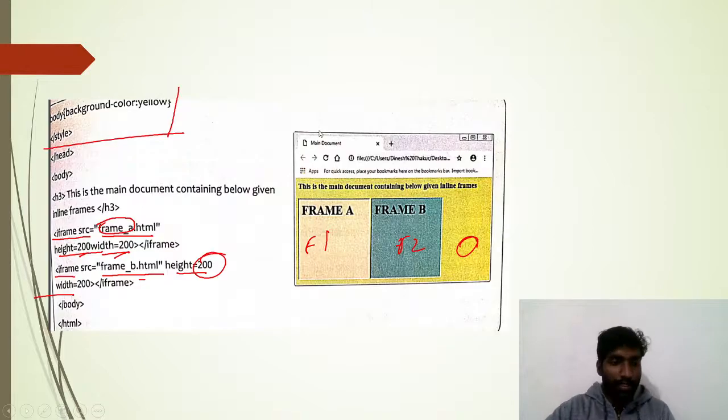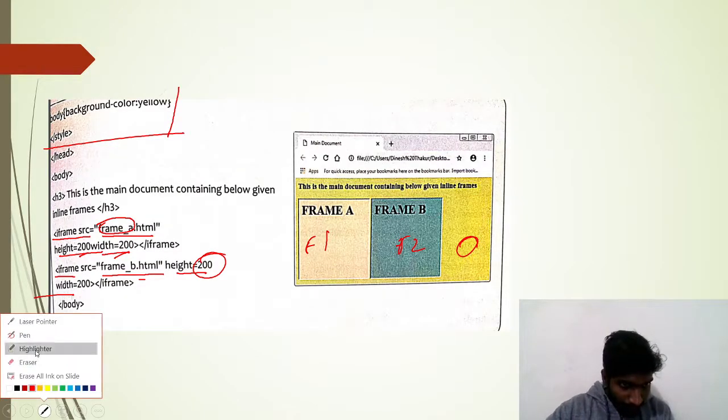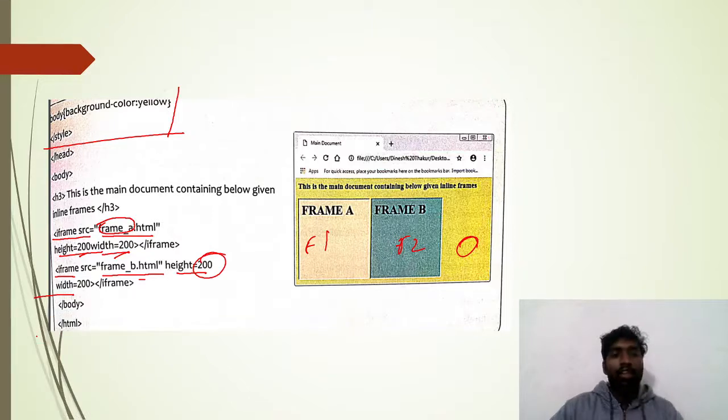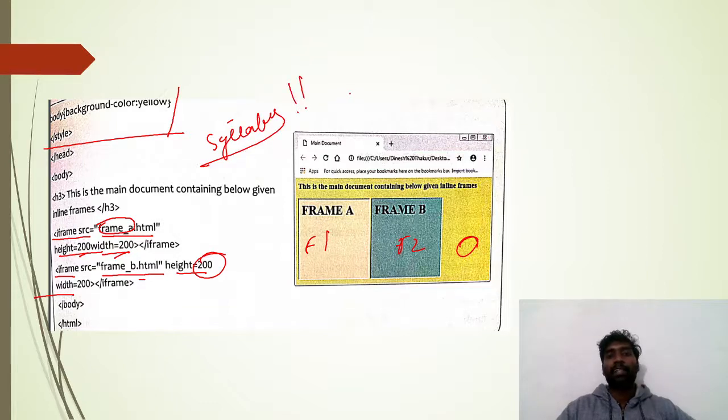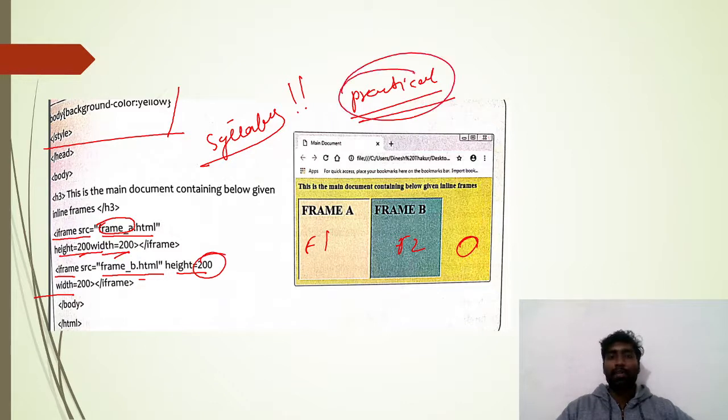Now my dear students, your syllabus portion is all over, but the practical is remaining. Without practical it is not possible to remember this. And CSS, no need to go deep.